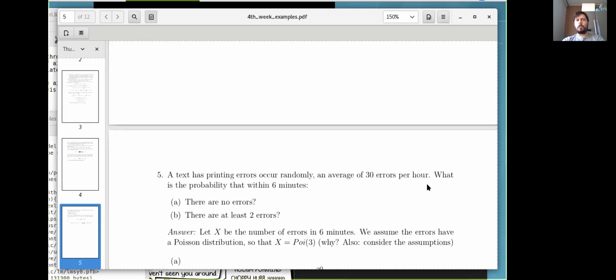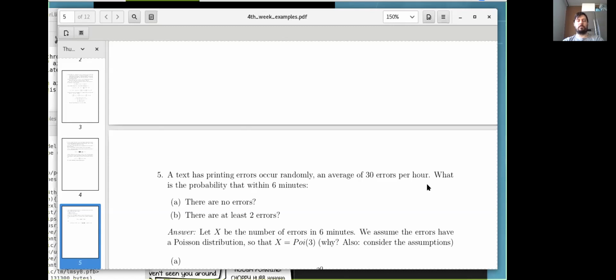Also, the probability of it happening at a very, very short interval, many times over, is 0. So let's say that these are so random that it's very unlikely that 2 of these errors happen when printing the same letter, for example. So let's assume that.